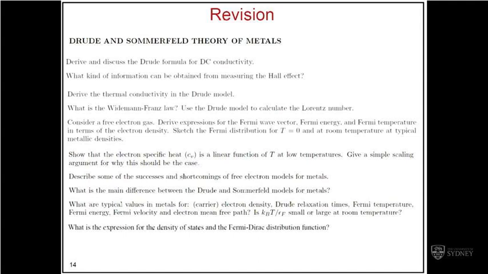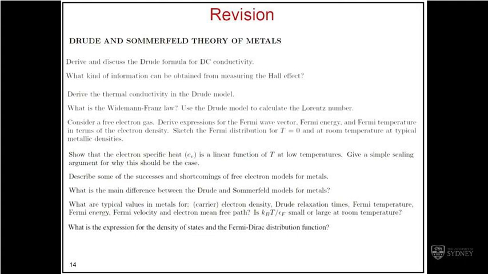For example, I should say at the outset, you won't have to derive detailed equations like I've presented there, but you should be familiar with them. So you may like to discuss Drude and the formulas for DC conductivity. What kind of information can you obtain from the Hall effect? Remember we talked a bit about the Hall effect?